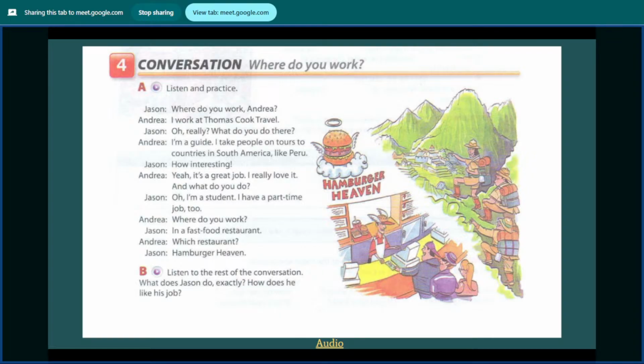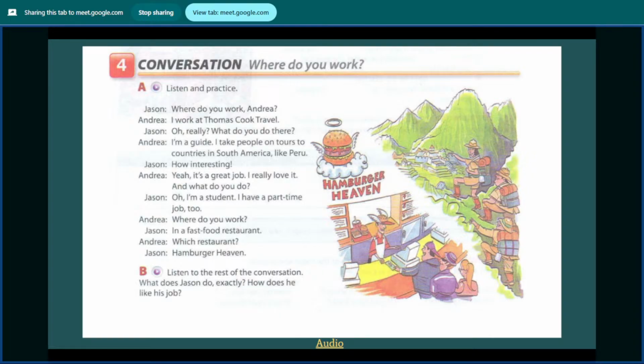Okay. Jason, where do you work, Andrea? I work at Thomas Cook Travel. Thomas Cook Travel. Oh, really? What do you do there? I am a guide. I take people on tours to countries in South America like Peru.